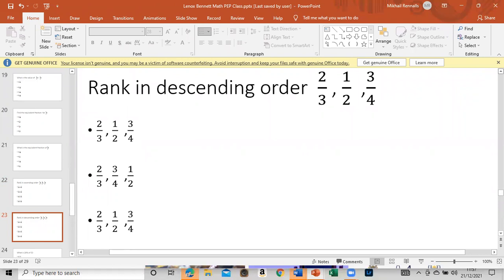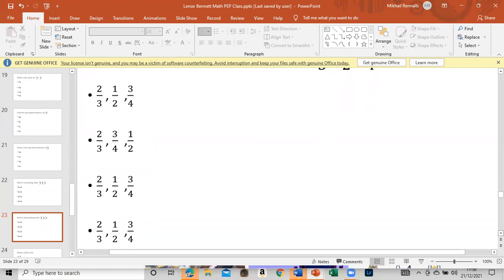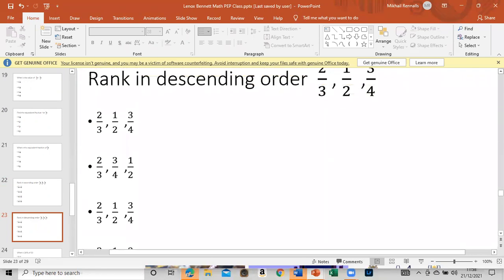I'm looking and I don't see the answer. Sir, it says descending order. Oh, descending. 3 over 4, over 10, 1 over 2. Very good. I didn't realize it was supposed to be descending. I was assuming that it was ascending. So descending means from the largest to the smallest.